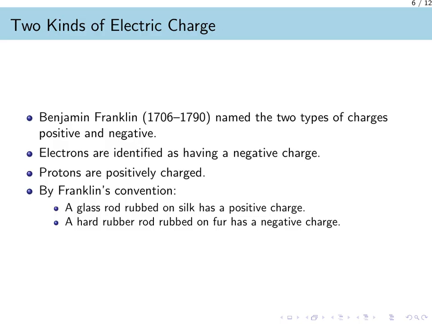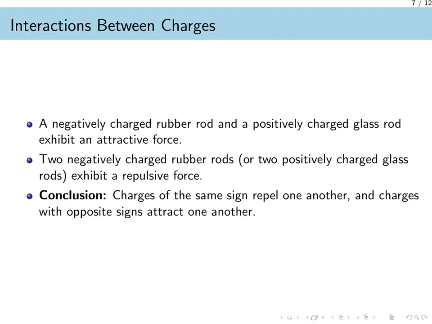To standardize how we discuss macroscopic charged objects, we utilize Franklin's convention. According to this established convention, when a glass rod is rubbed on a piece of silk, the glass takes on a positive charge. Conversely, when a hard rubber rod is rubbed on a piece of fur, the rubber takes on a negative charge.